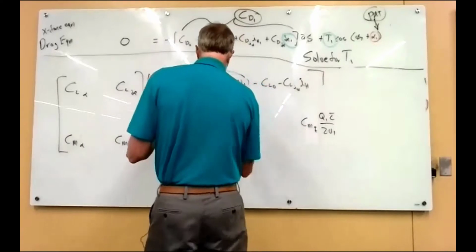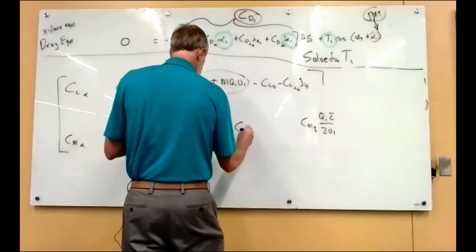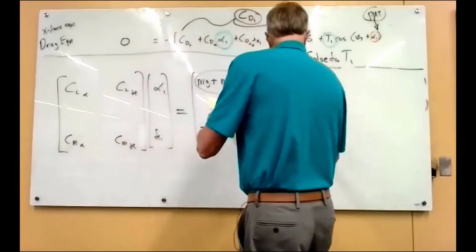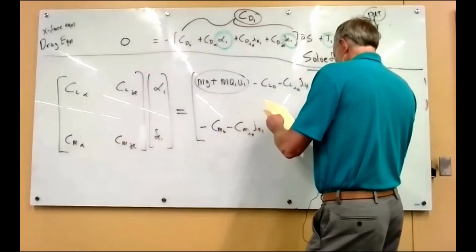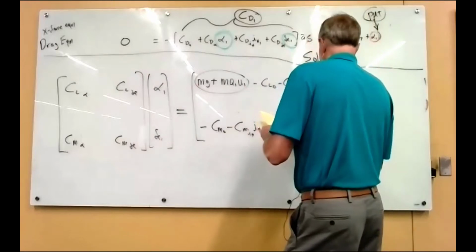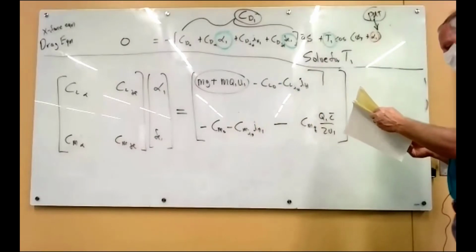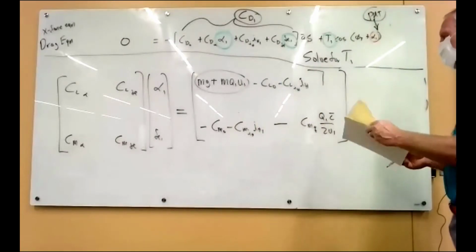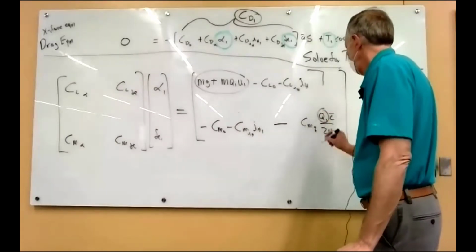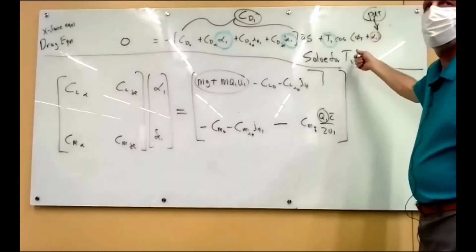I need this term here. In fact, it's in the perfect spot. Look at that, it's right there. CMQ, Q1, C bar, over 2U1, so we're good. So this is the matrix problem that we need to solve, and we need to plug in for Q. And then once we're done here, we go up here and solve for T1, so it's all good.